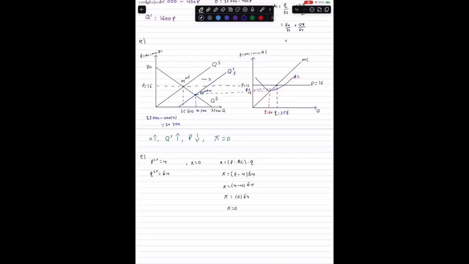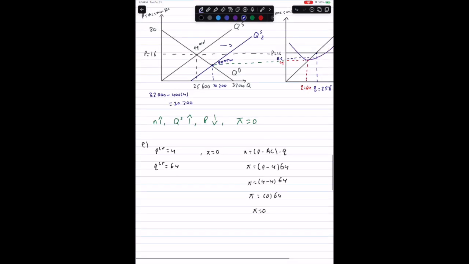And the new number of firms in the market is going to be equal to... sorry. We know QS is equal to 1600P.